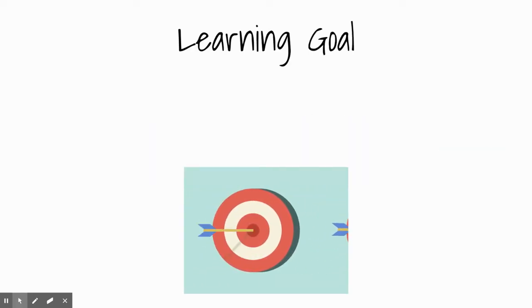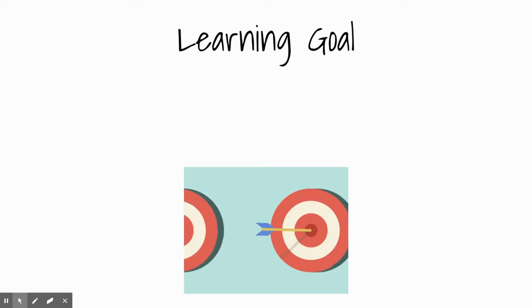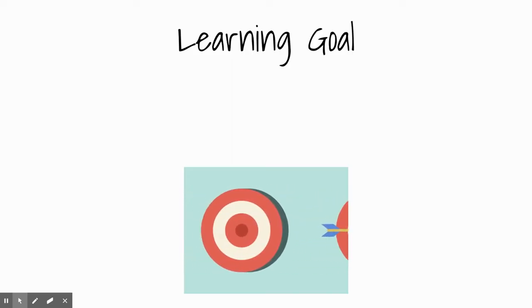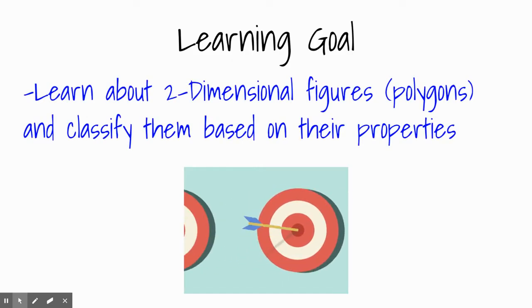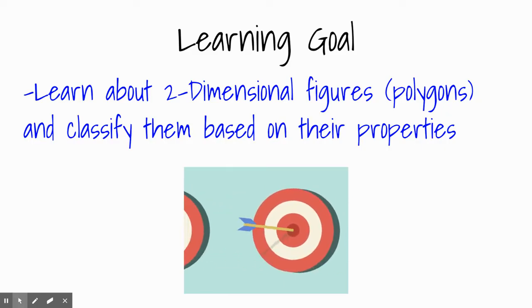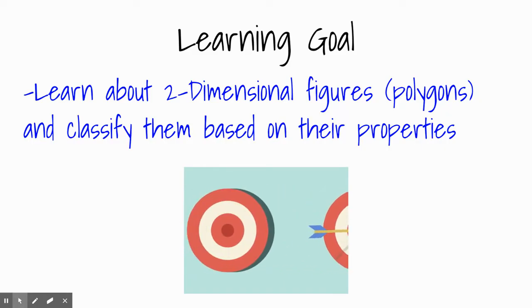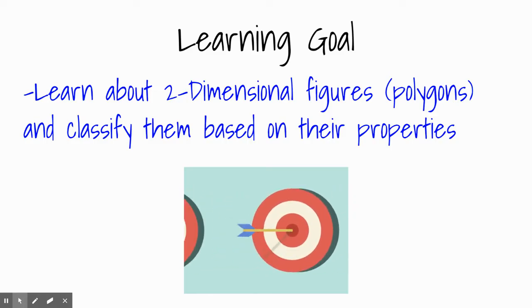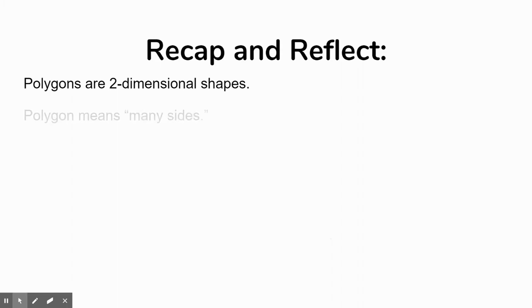Okay, before we end this video, we need to go back and revisit the learning goal. At the beginning of the video, I shared this same slide with you, and I said our goal was to learn about two-dimensional figures or polygons, and we're going to classify them based on their properties. So let's recap and reflect. Polygons are two-dimensional shapes. Polygon means many sides.